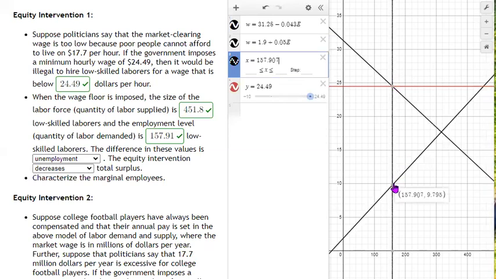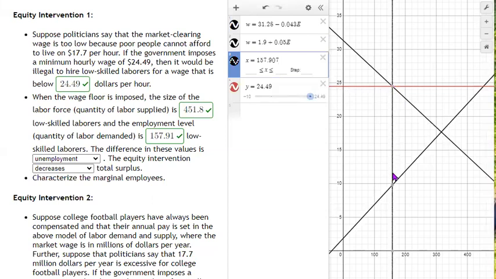The workers who are not hired aren't being hired by firms, and these workers aren't supplying their labor to firms, right? The people who are hired are supplying their labor to the firm, and the firm is hiring those people.